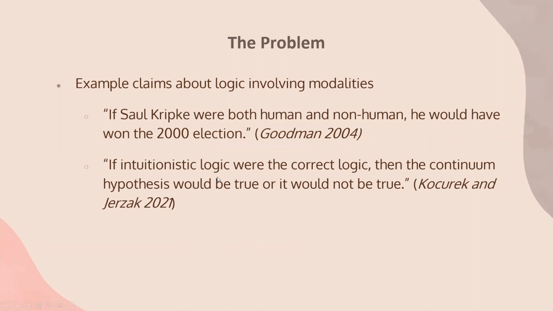So, for example, if intuitionistic logic were the correct logic, then the continuum hypothesis would be true or it would not be true. So, in intuitionistic logic, obviously it's a paracomplete logic. So you can have statements that are neither true nor not true in that logic.